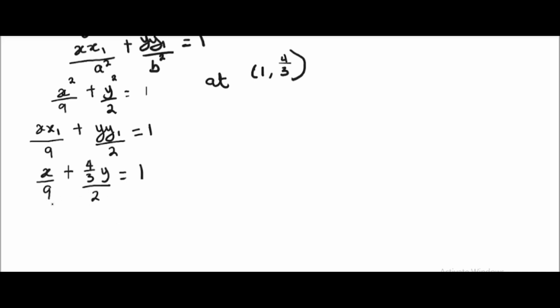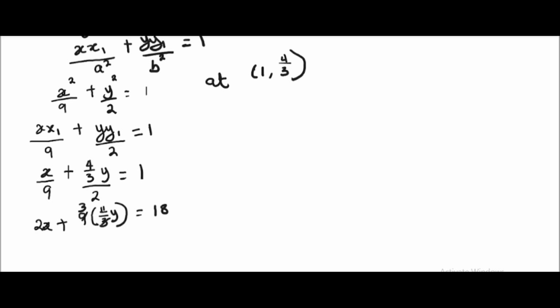So multiplying through by 18, we would have 2x plus 9 into 4 over 3y is equal to 18. So this 3 divides this 9 to give us 3.